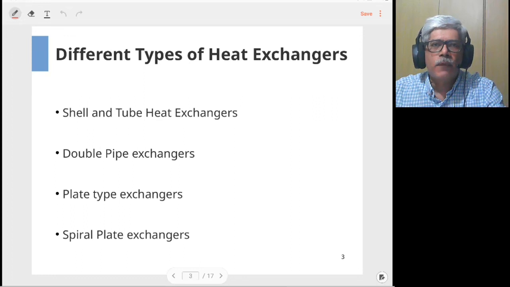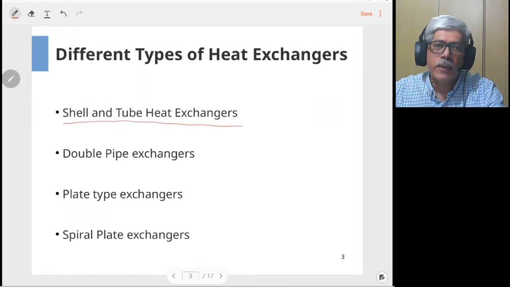There are different types of heat exchangers. There are shell and tube type of heat exchangers, which is the focus of this session. Apart from that, there are other types of heat exchangers which provide certain advantages in certain situations.